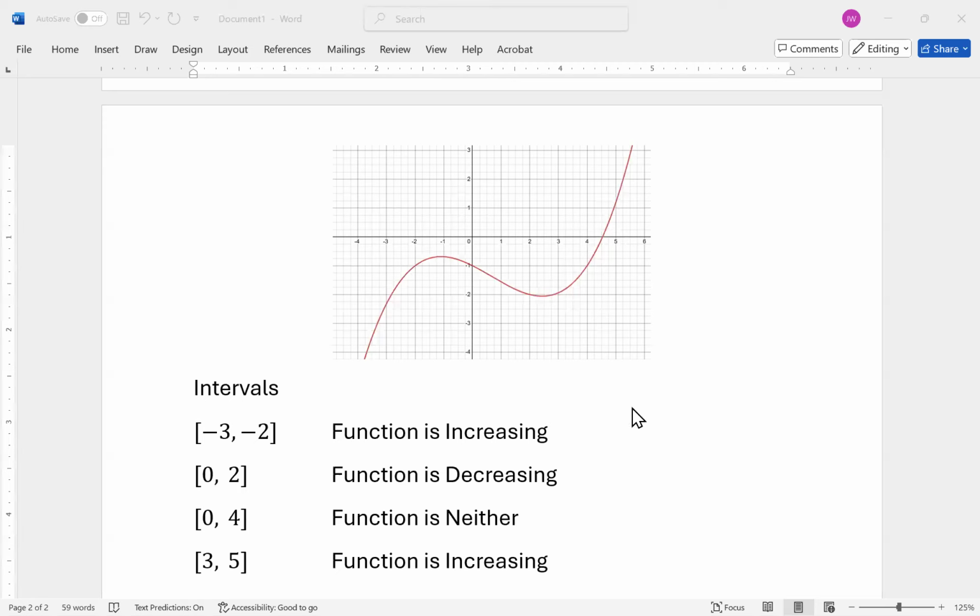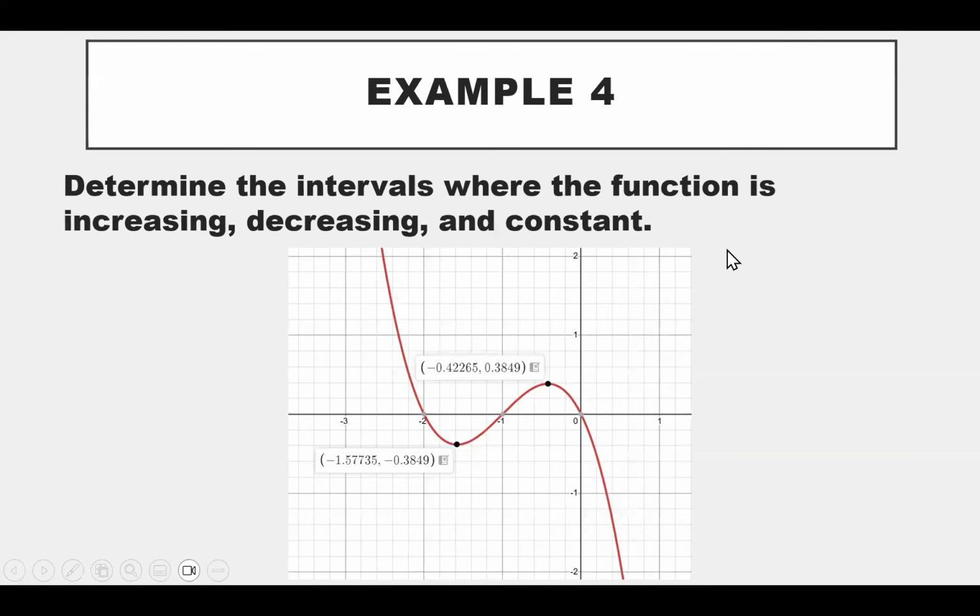So this is how we determine whether a function is increasing or decreasing on a given interval. Another question that could be asked is, we could ask to determine the intervals where the function is increasing, where the function is decreasing, and where the function is constant.